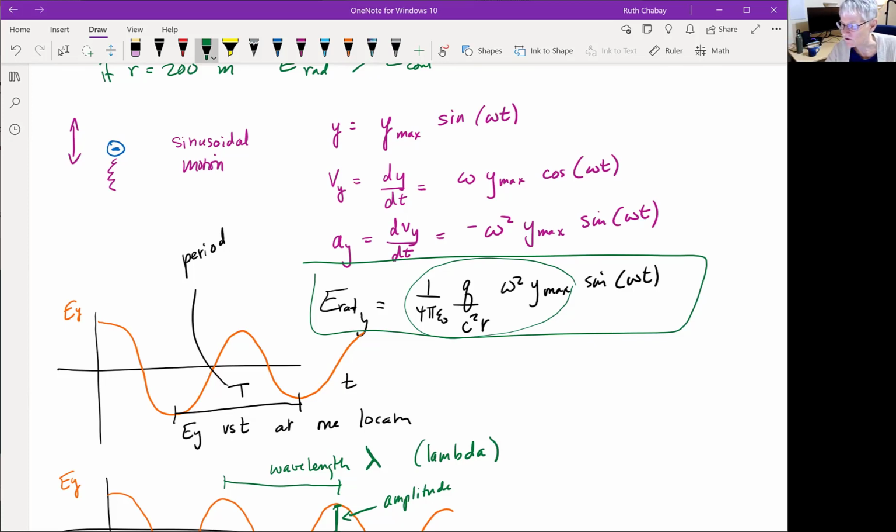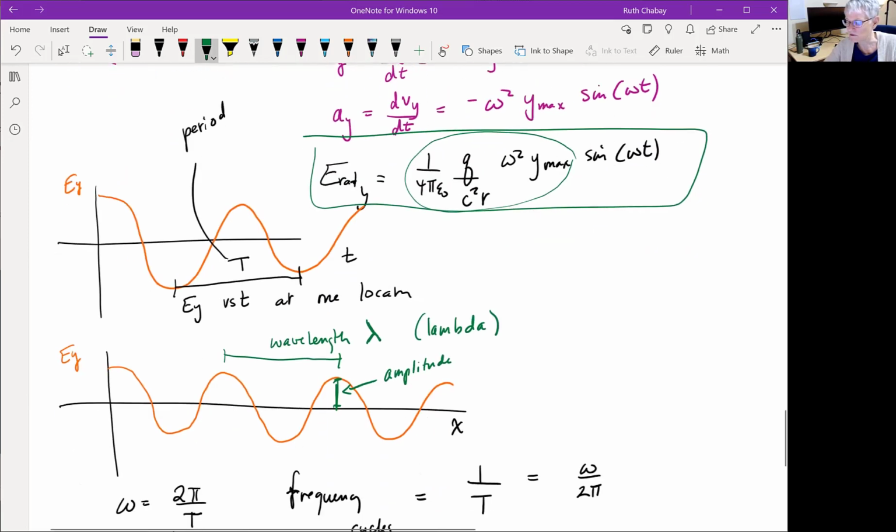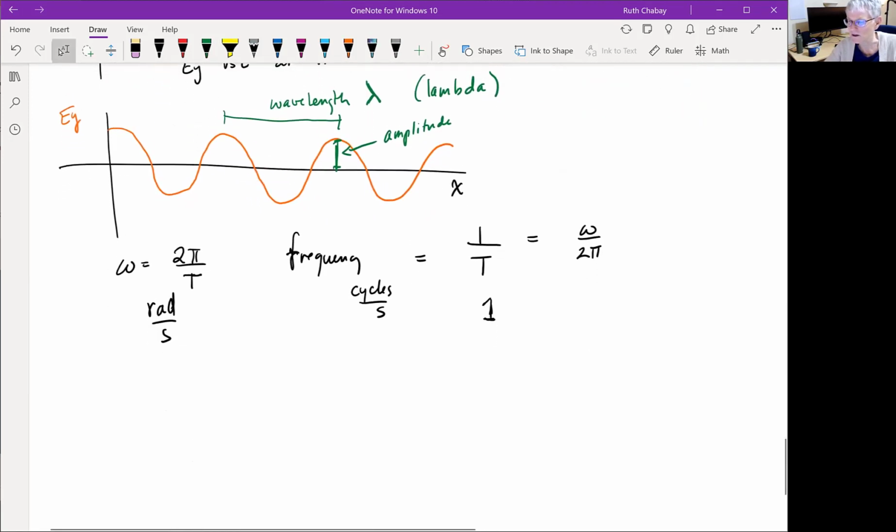So the amplitude of the acceleration of the electron was just the maximum distance it was displaced. Sometimes people use just a capital A, they don't want to write everything out. So 1 hertz is 1 cycle per second.